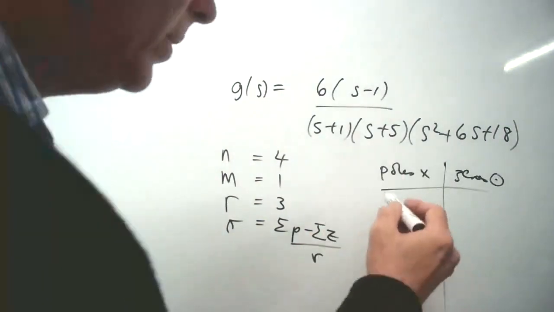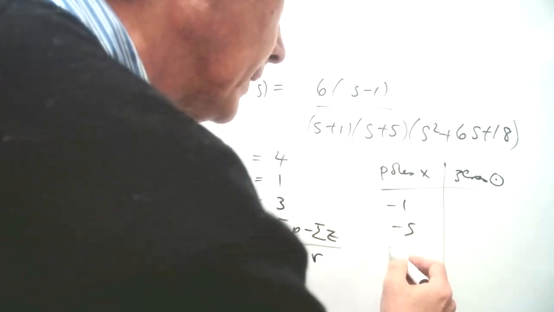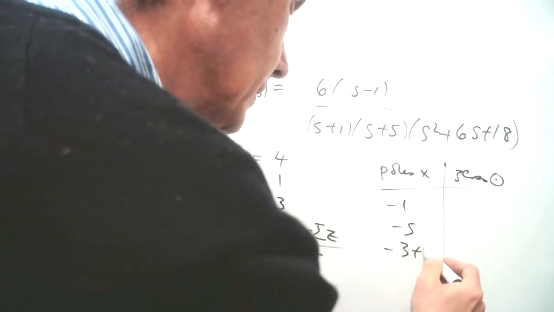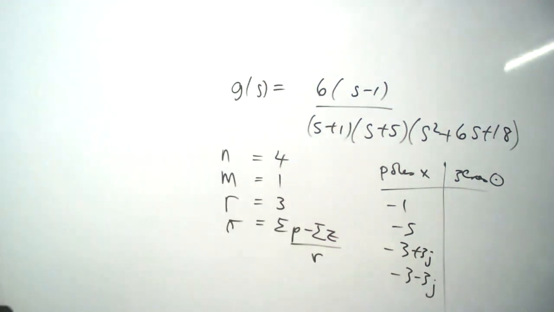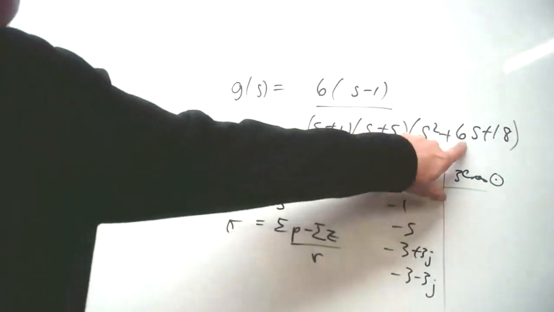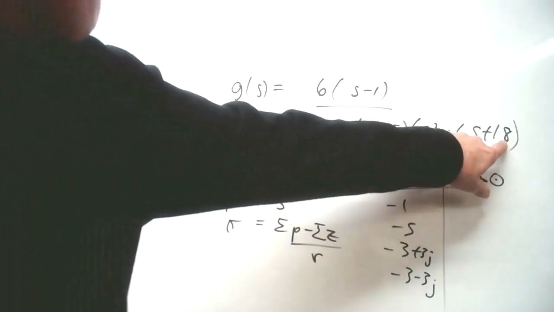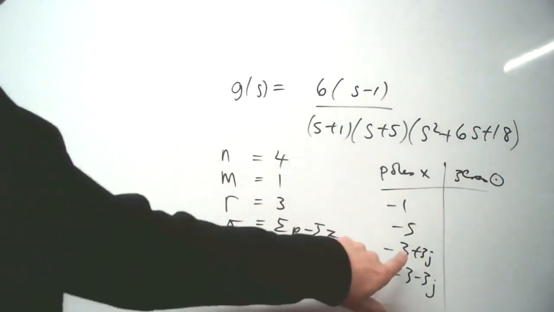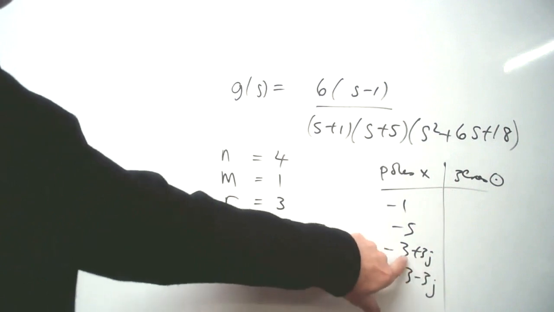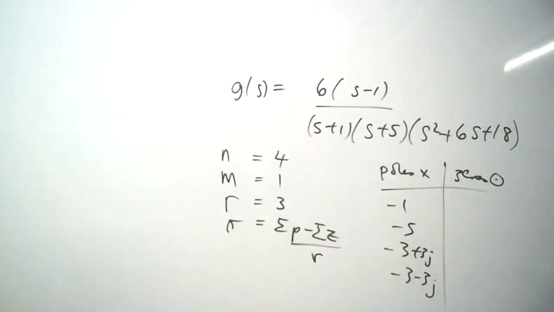We've got poles at -1, -5, -3 plus 3j, and -3 minus 3j. That number there is half of this one, and that one is a complex conjugate, a squared plus b squared, so 3 threes are 9, 3 threes are 9, 9 and 9, 18.